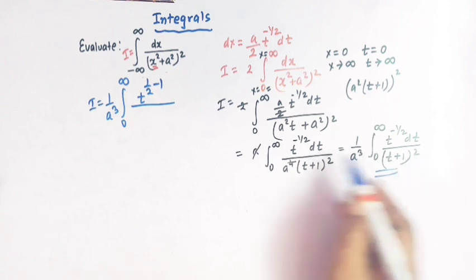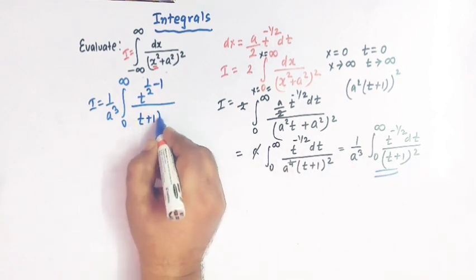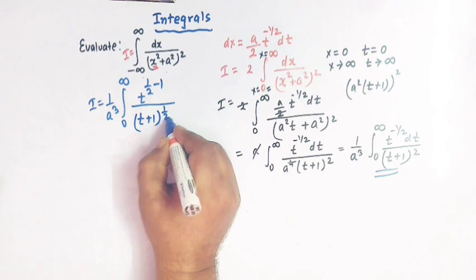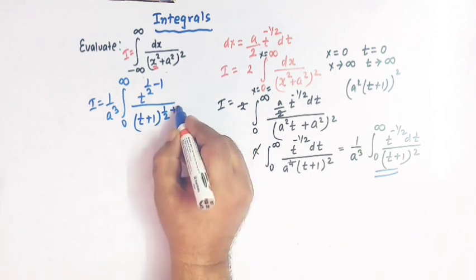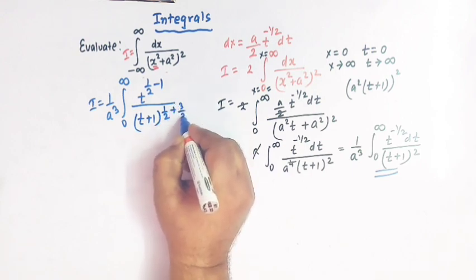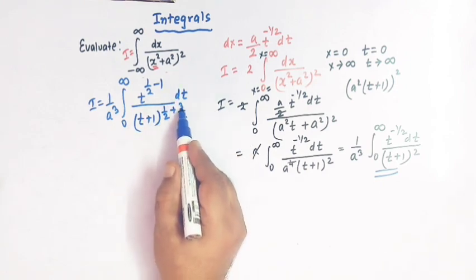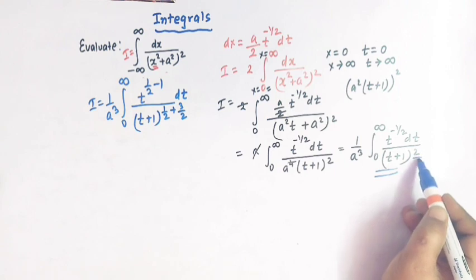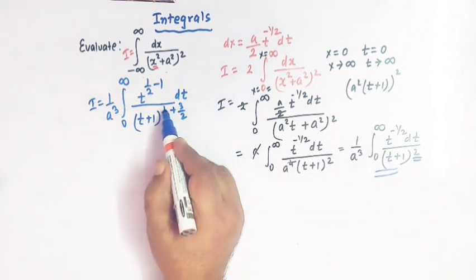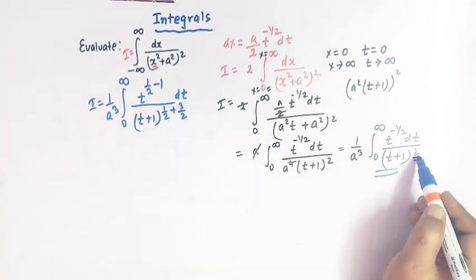And t plus 1 whole square can be written as t plus 1 raised to half plus 3 by 2, with dt, because half plus 3 by 2 is 4 divided by 2, which is 2.